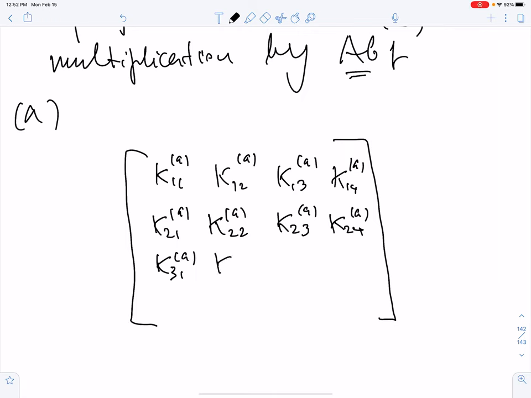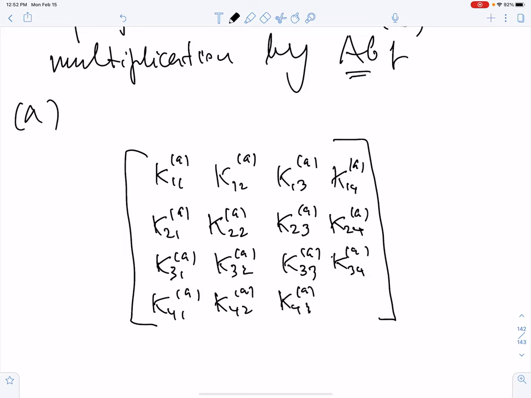K31, K32, K33, and K34, and the last row, K41, K42, K43, and K44 of A. So in principle, it's a full 4x4 matrix. Some entries may be 0, depending on element orientation, but we keep it general. So this is our K of A.